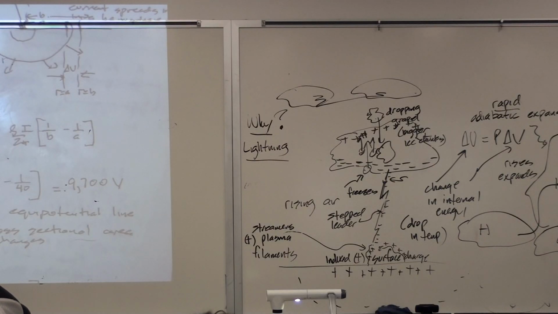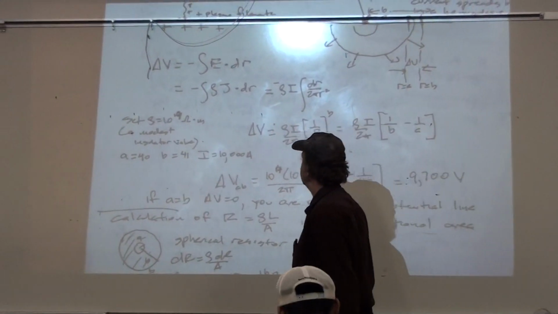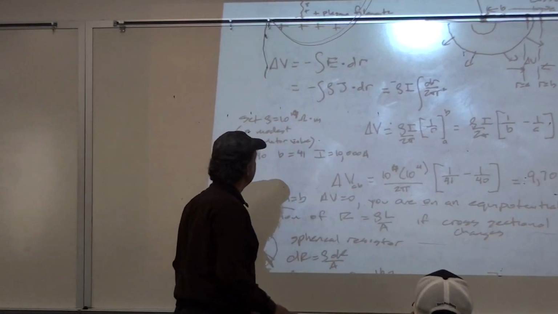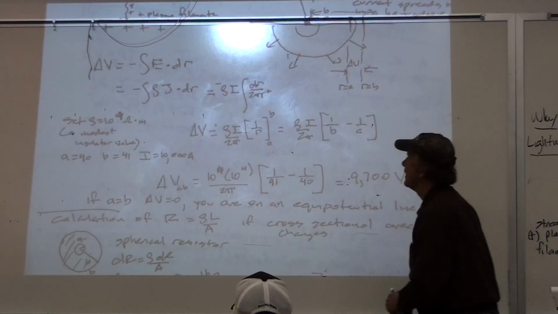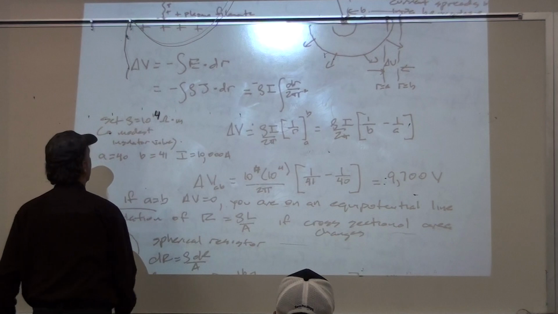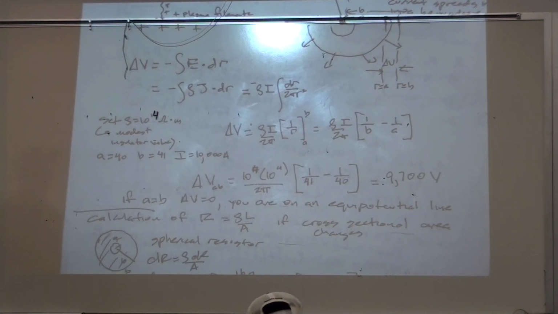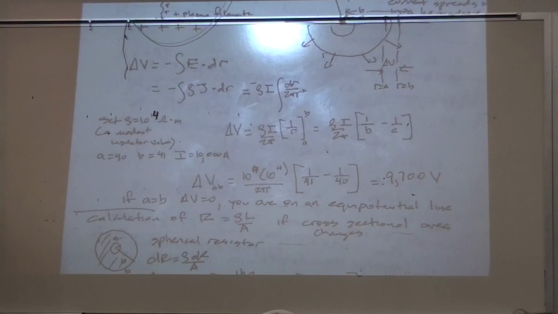Okay, so let's say that we have a lightning strike, and here I'm going to make the resistivity of the ground 10 to the 4. Okay, and so that is definitely not a normal conductor, but with a little bit of water going through it, we could call that a modest insulator value for the resistivity in the ground.